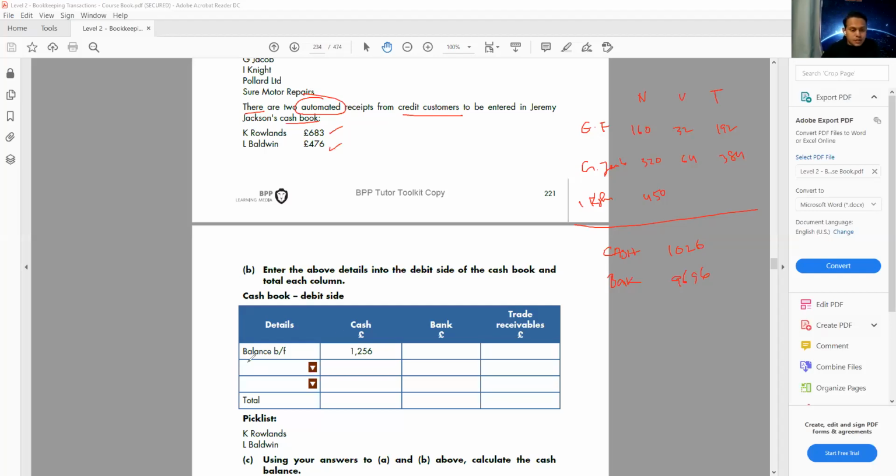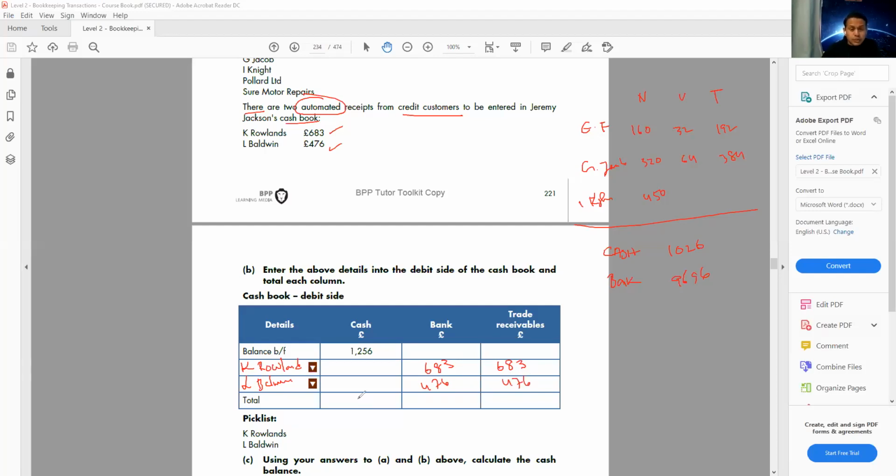We're going to write K. Rowland. We received 683 in the bank column, 683 in the trade receivables, because the money came to the bank. Then we're going to write L. Baldwin, that is 476, and 476 in the trade receivables.